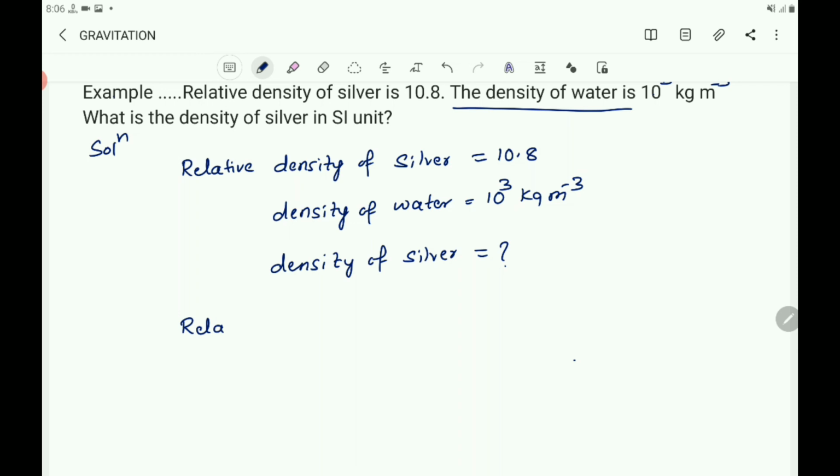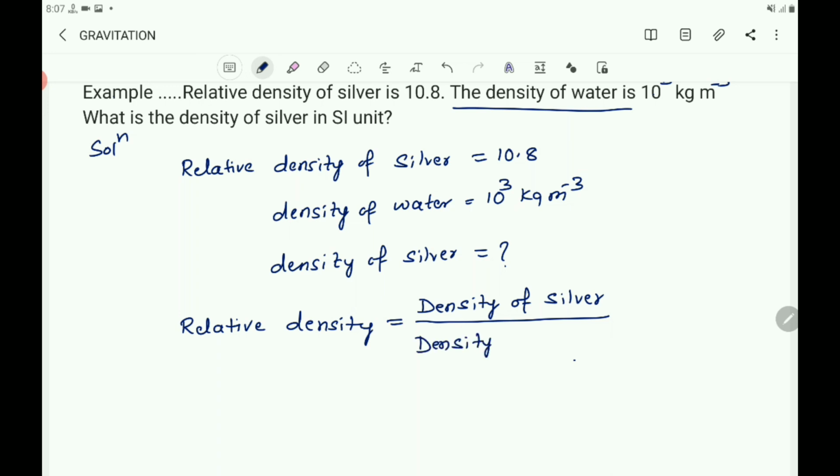So relative density equals density of silver divided by density of water.